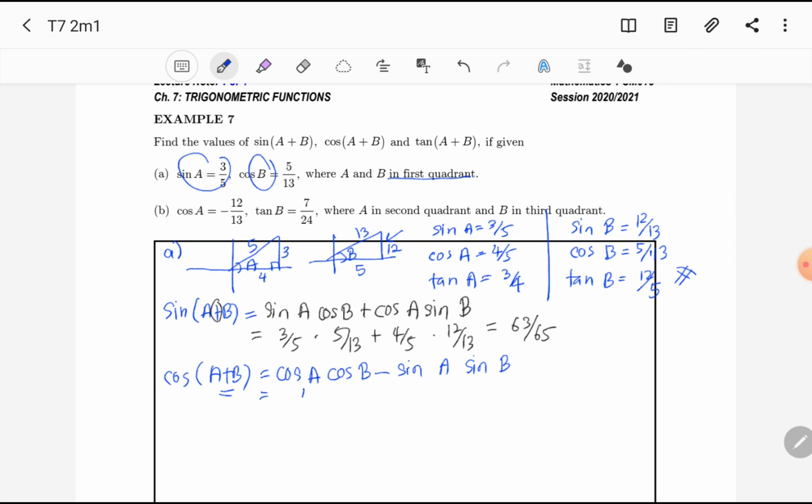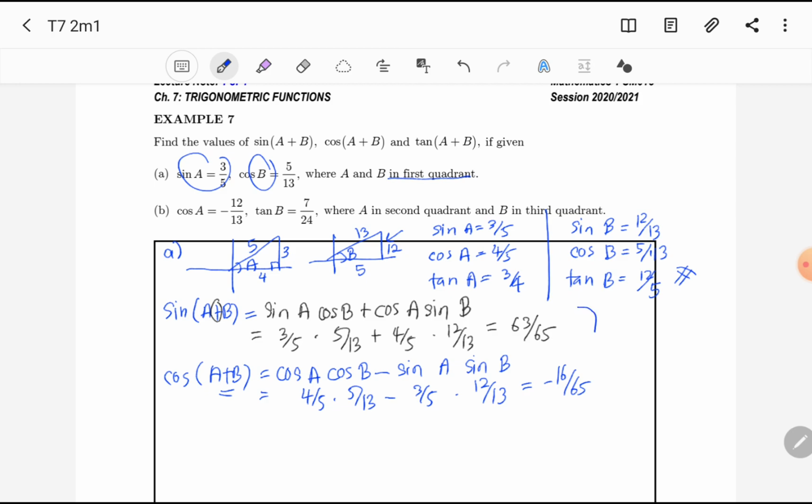Cos A, 4 over 5 times cos B, 5 over 13 minus sin A, 3 over 5 times sin B, 12 over 13. Okay, awak tekanlah kalkulator. Okay, so awak akan dapat negative 16 over 65.